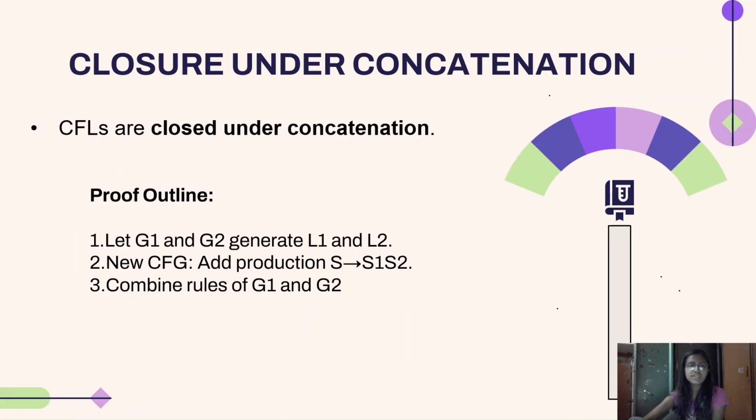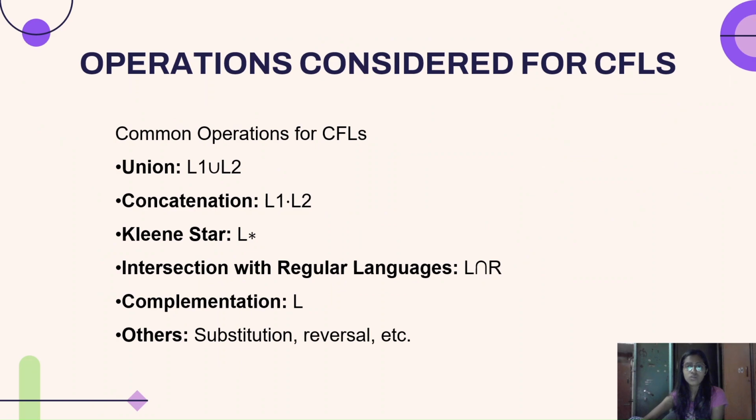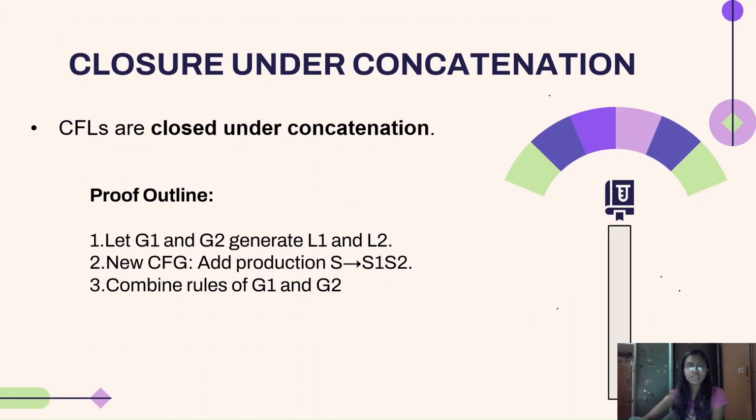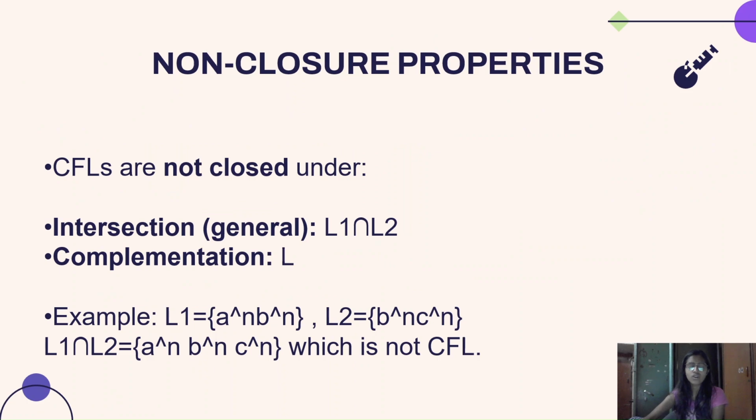The previous intersection which we saw was closed under CFLs since it was the intersection with regular languages R. So here we denote it as L intersection R. However, here under the non-closure properties, we have the intersection in general, that is the intersection of L1 and L2. These are not closed. We also have complementation, that is the complement of L.